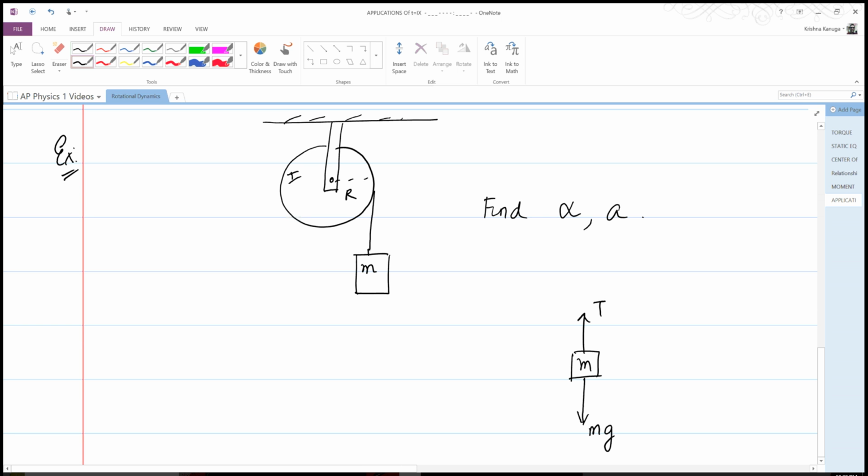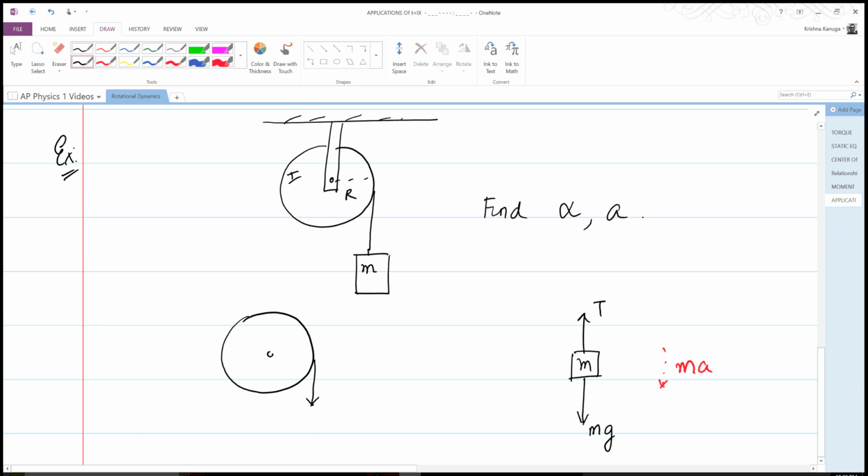Now, to allow us to calculate things better, we know that there is an acceleration, so ma, that points down as a result of these two forces, which is essentially just writing Newton's second law. On the other hand, for the disk, we have some force that is pulling it down.